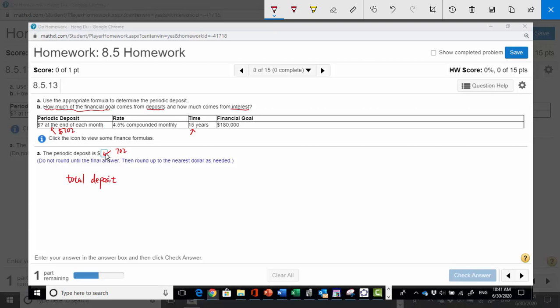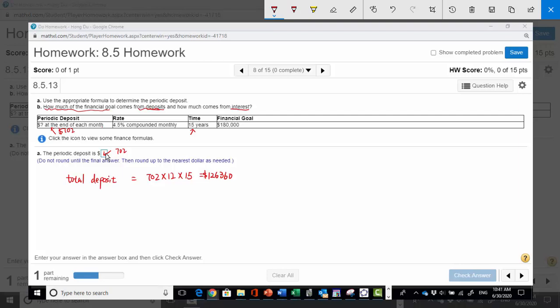The total deposit will equal the monthly deposit, 702, times 12 months, which gives the deposit per year, then multiplied by 15. That's the total deposit made in 15 years. That amount is $126,360. So that's the total deposit. We answered the first part of this question.